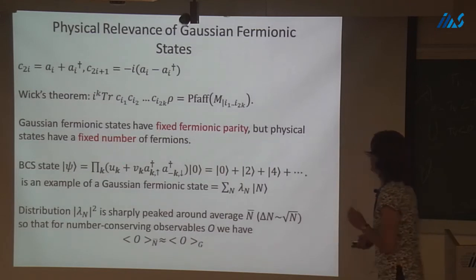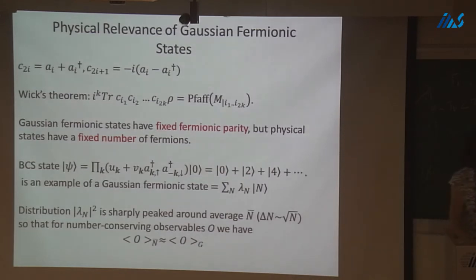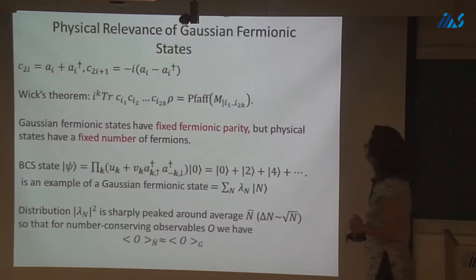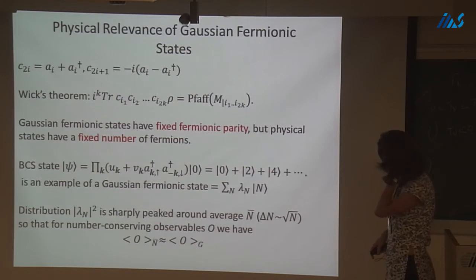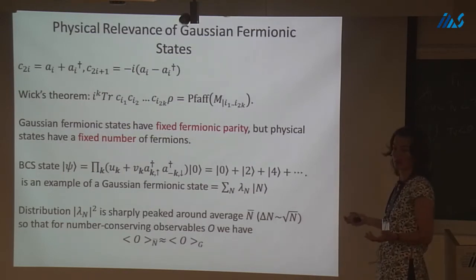So one thing I want to say is that there are states. In condensed matter physics, people are used to not necessarily Gaussian fermionic states, and there's a reason for this. Typically with fermionic states, you have a certain number of electrons. The number of electrons is conserved.